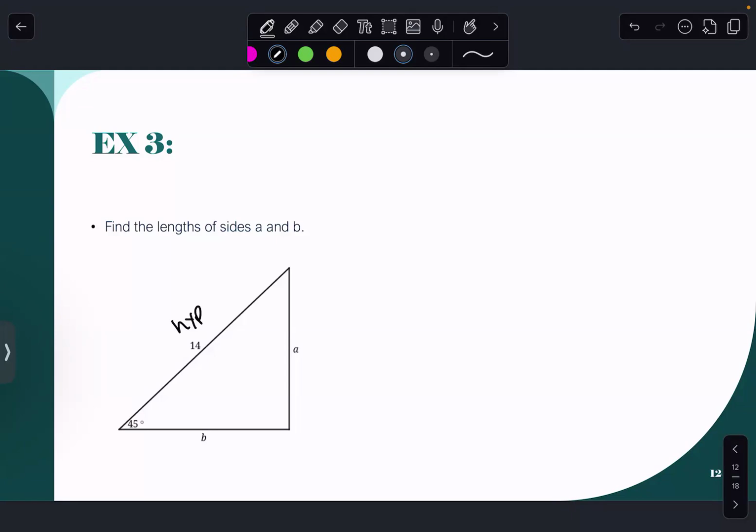We're not set to a specific trig function right now, but I want to go ahead and use sine because I have the hypotenuse and I have a. Remember that sine of a given angle is equal to opposite over hypotenuse.